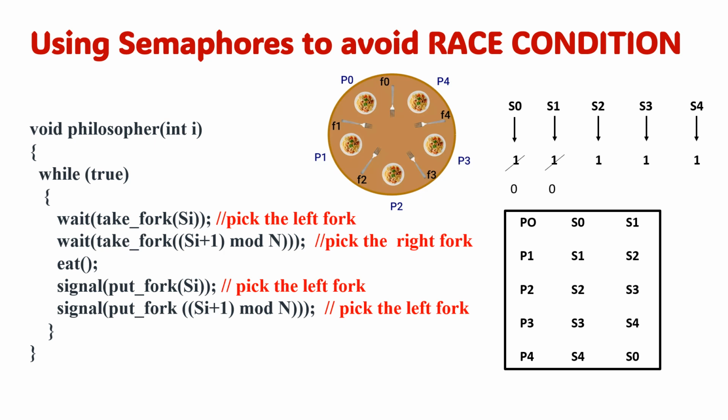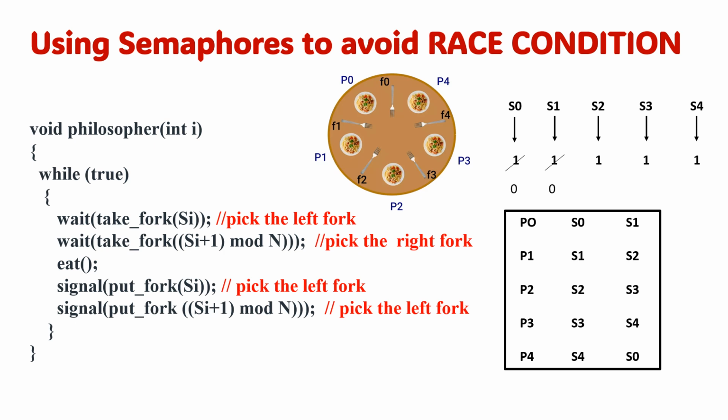So it will execute the wait method, and after executing it will put down the values of S2 and S3 to 0 and it will enter into the critical section. This means that philosophers P0 and P2, both of them, can eat at a time. So this is the solution of using semaphore. Two philosophers can eat at a time.